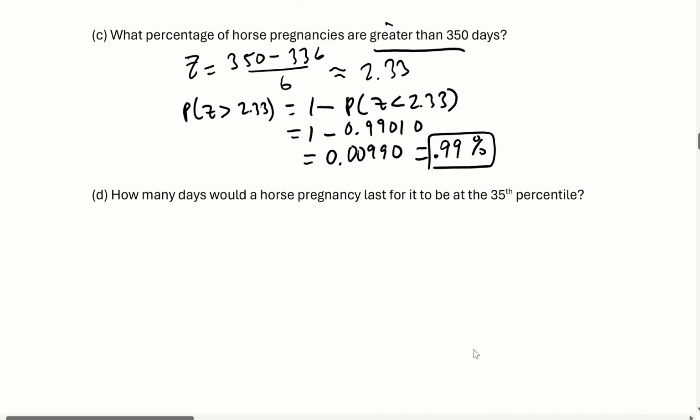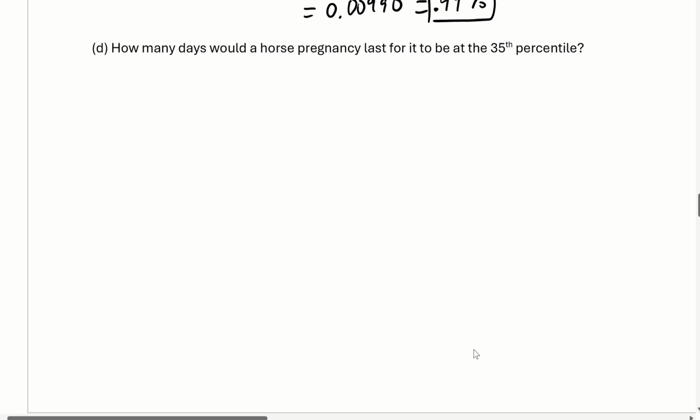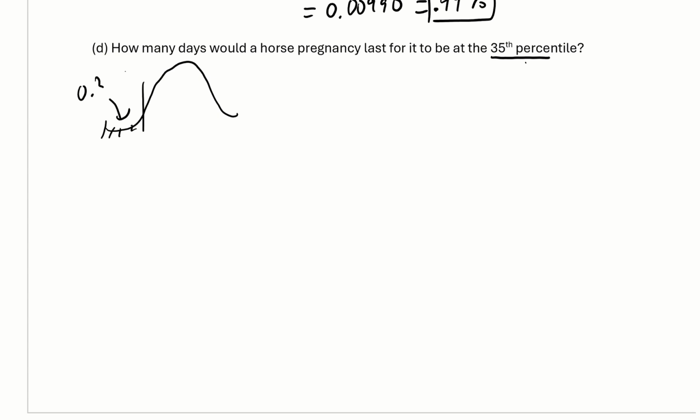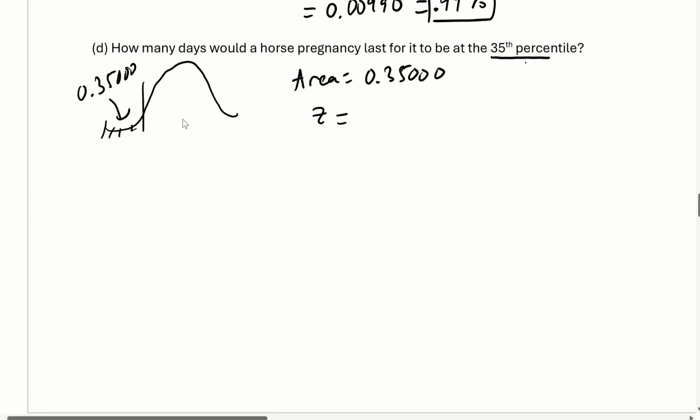All right, so how many days would a horse pregnancy last for it to be at the 35th percentile? So we want the 35th percentile. That means the area to the left has to be 0.35000. All right, so we need to look this up. The area from the table is 0.35. We need to convert this to a z-score. So we're going to look for 0.35 on the z-table and look for the z-score.